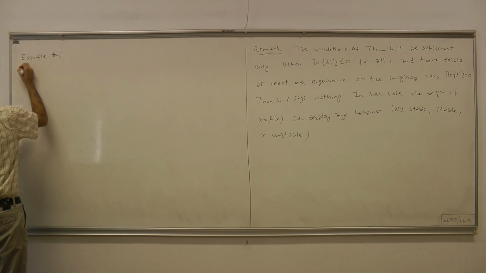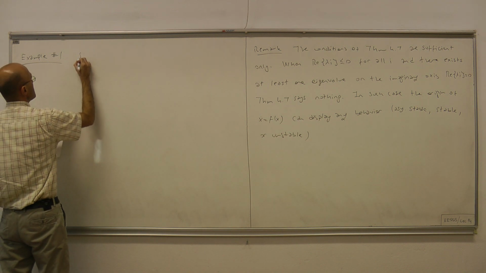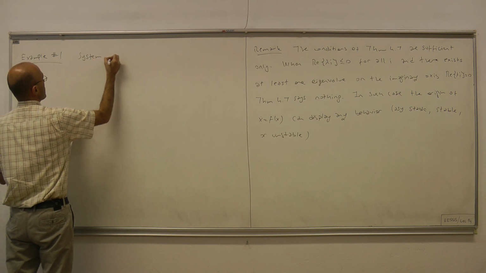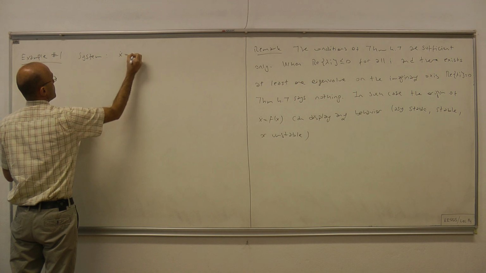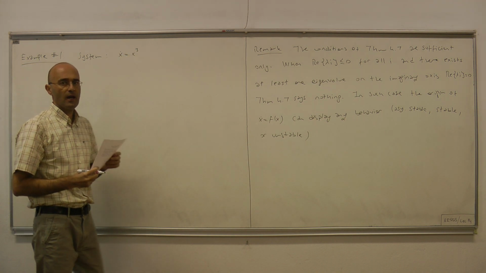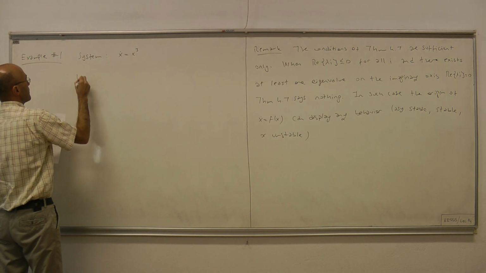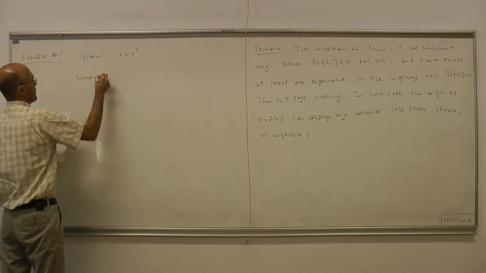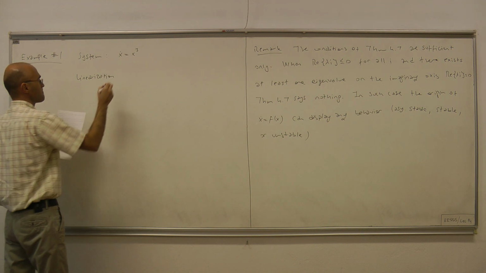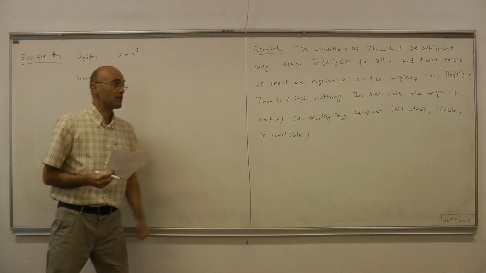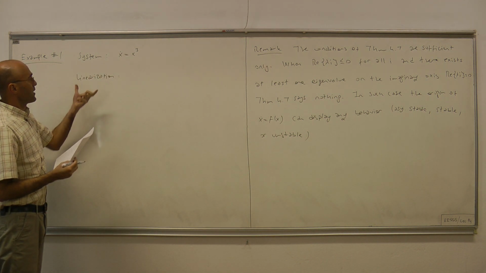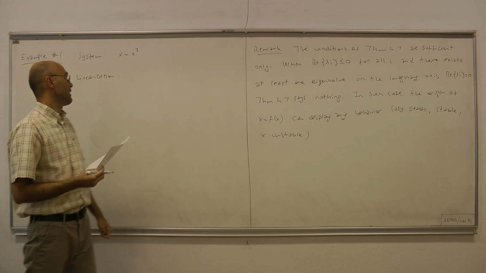Example, let's call it 1. The system is scalar: x dot equals x cube. Nonlinear system. And then the linearization is, let's write down the state of the linear system by eta.